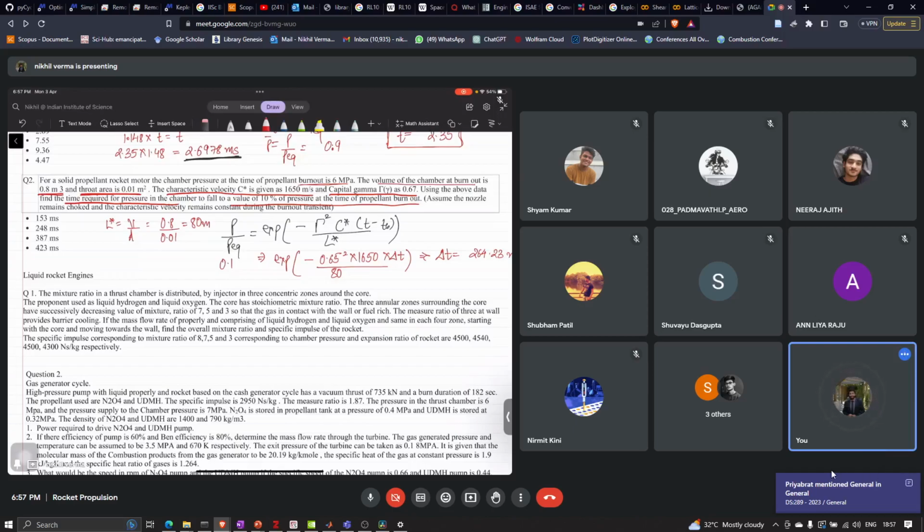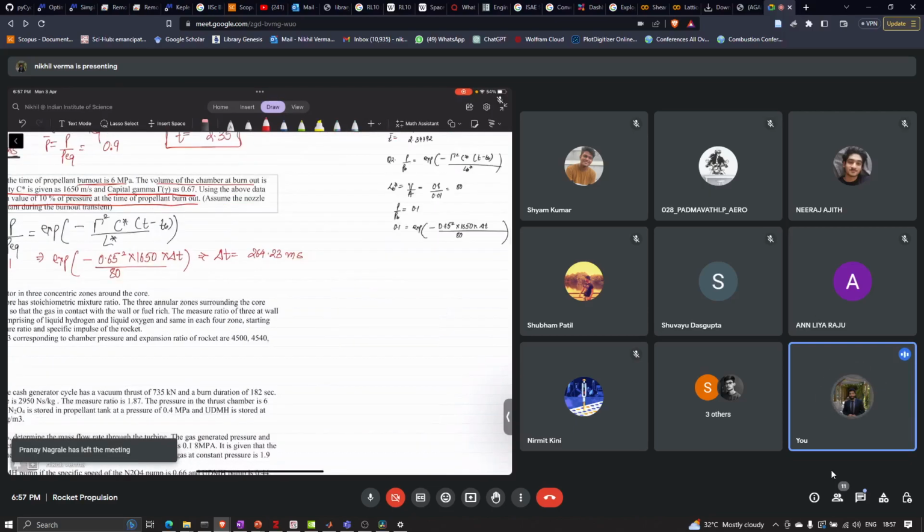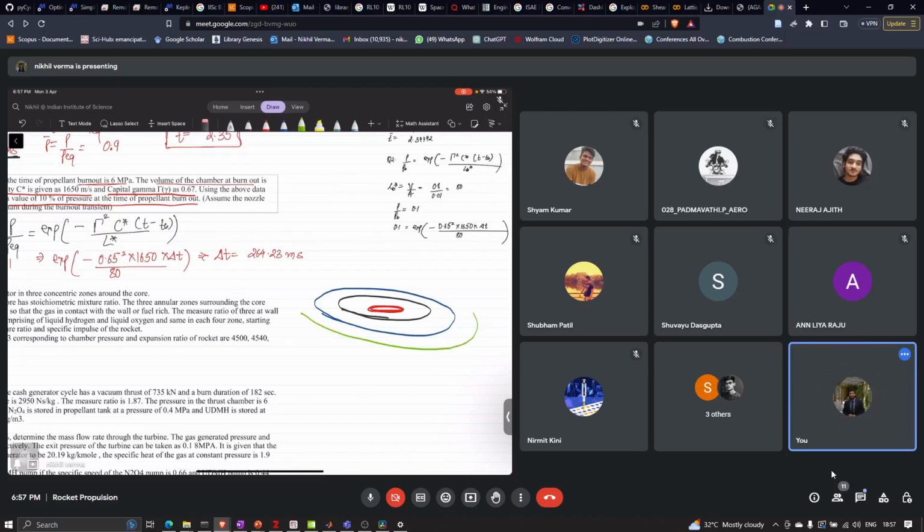Let us look into a problem where we have a three-concept injector. This is the injector plate, and we have three annular injectors which surround the core part.